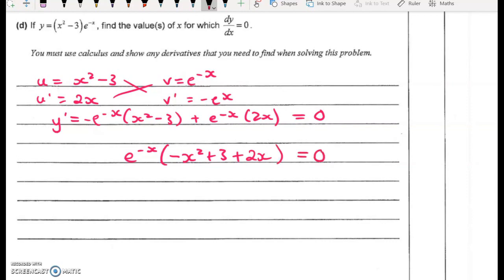Now we know e to the minus x cannot be 0, so minus x squared plus 3 plus 2x must be equal to 0, and I'm just going to reverse the signs of that so that it's easier to deal with, and actually I'm going to put it in a different order as well because I like to see my quadratics like that. So now we can factorize it into x plus 1, x minus 3 equals 0, so x is equal to minus 1 or 3.